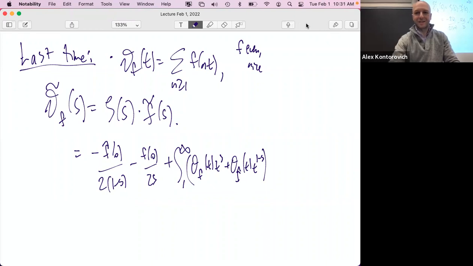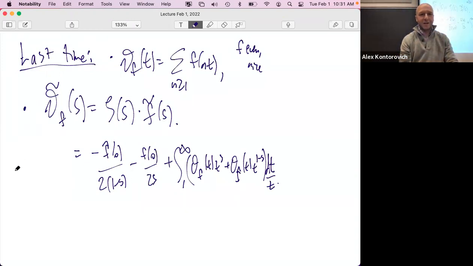Okay, let's try that. dt over t. All right, and this was our meromorphic continuation, analytic away from s and 1 minus s, and then we divide by f tilde. So we took this Mellin transform.